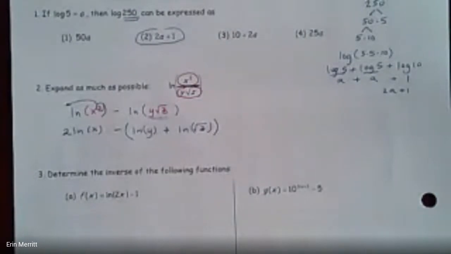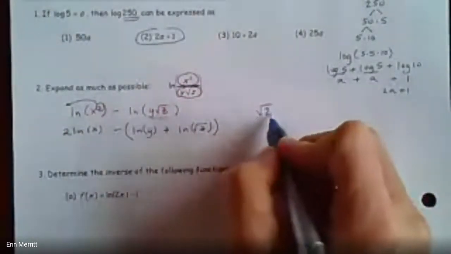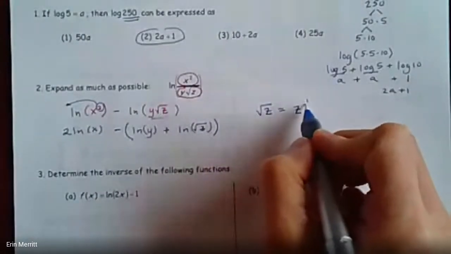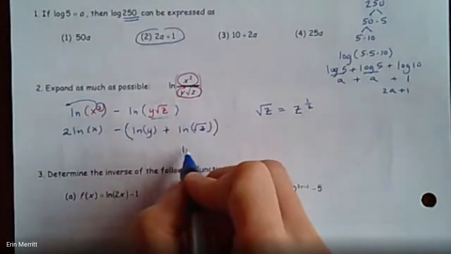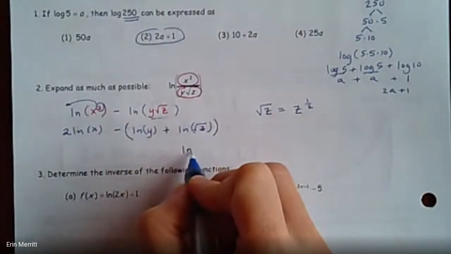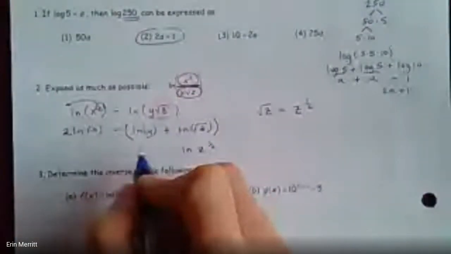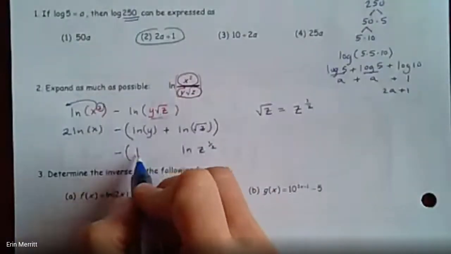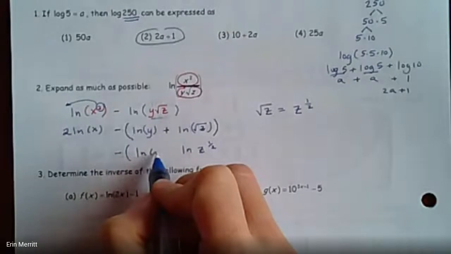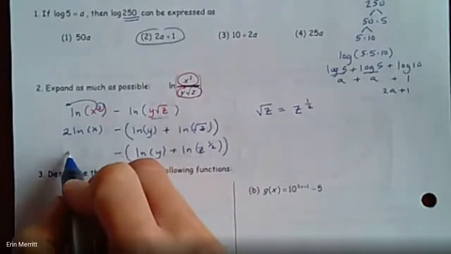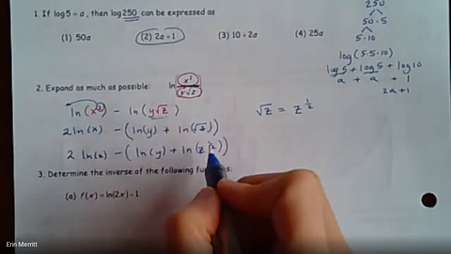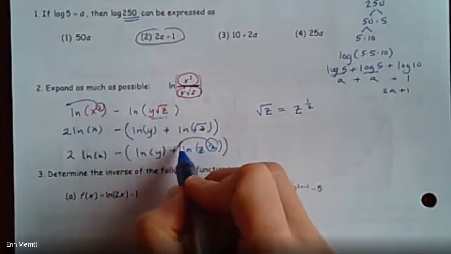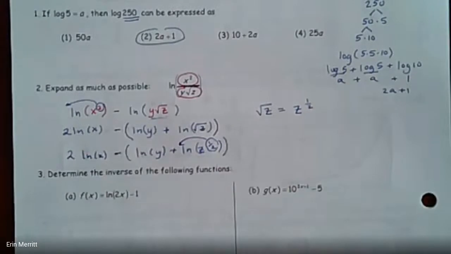All right. So the last things that we can do, square root of z is the same as z to the 1/2 power. So I can rewrite this as z to the 1/2 power. And let me just copy down the rest of it. So last thing, I'm going to do 2 things at once. I'm going to take this exponent and drop it out front, and I'm going to distribute the negative.